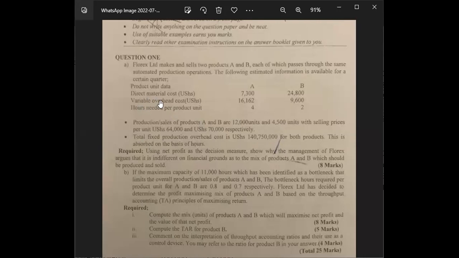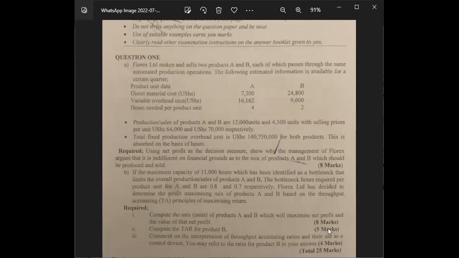But I had a variable cost here. They said variable overhead costs are 16,162 for A, then 9,600 for B. So let me put them here. A, B. This is 16,162.